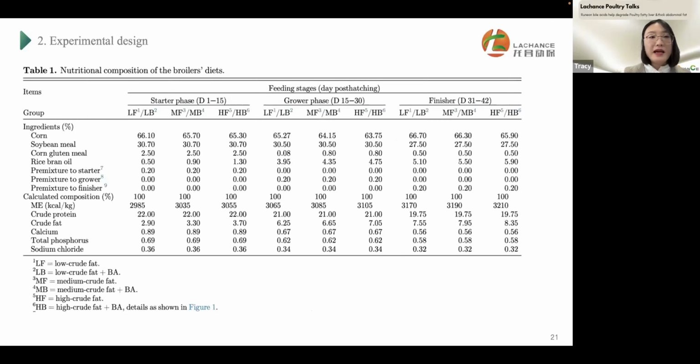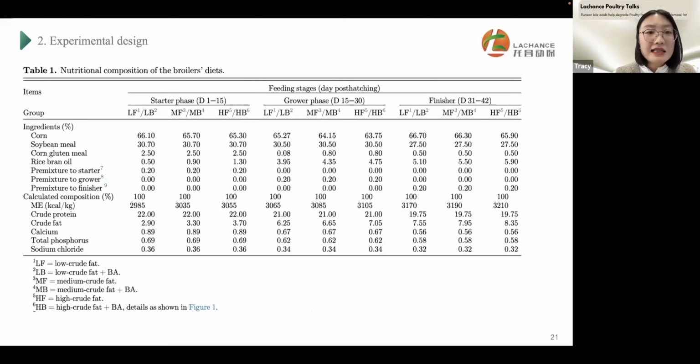And in this page, this is the nutritional composition of the broilers' diets. You can see that the feeding stages were divided into three stages. This is the starter phase, grower phase, and also finisher phase. And you can see that the diet is the corn soybean diet.